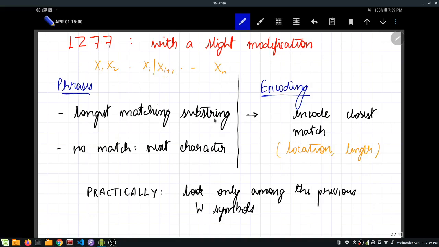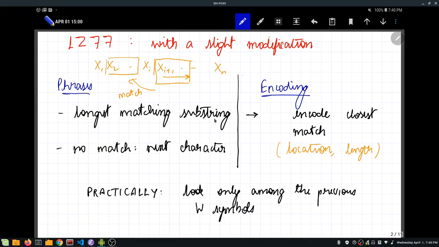So from xi plus 1, you look forward and see if some subsequence has occurred somewhere previously in x1 to xi. Suppose that there is a match, then you are good, and you look for the longest such match, and that is going to be your next phrase.